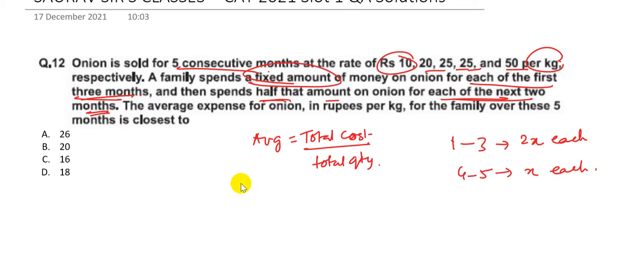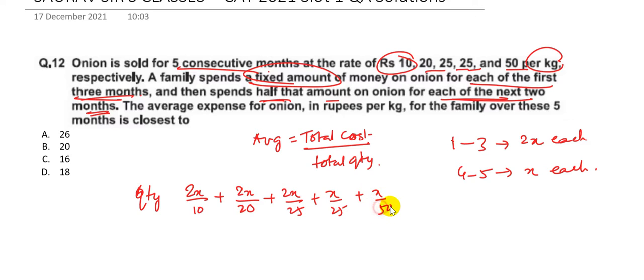So that means the quantities will be 2x by 10 plus 2x by 20 plus 2x by 25 plus x by 25 plus x by 50.